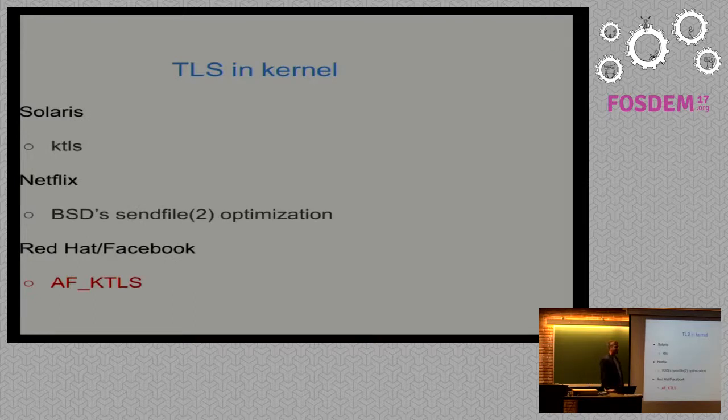TLS in the kernel is not novel. There are implementations. For example, Solaris has its KSSL. It's not only the record layer, but it also carries the implementation of the control layer, so it implements whole TLS and DTLS right inside the kernel.